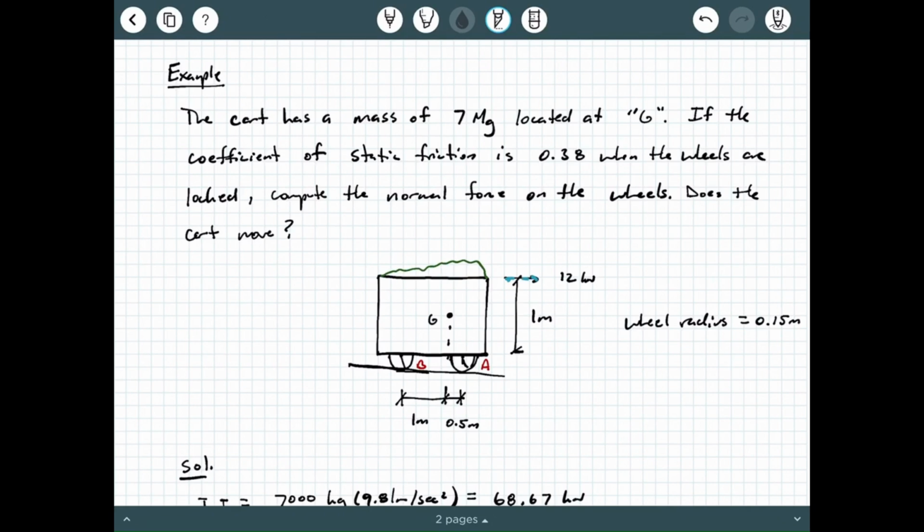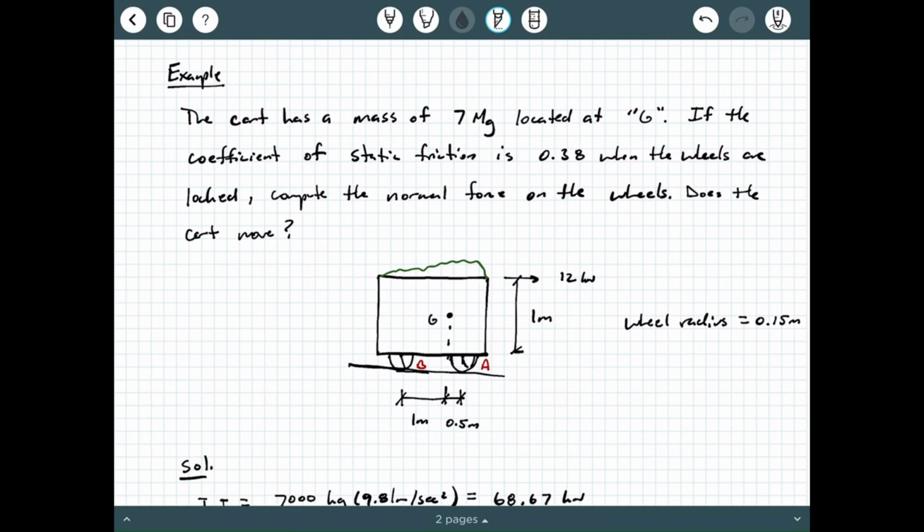We have this cart with some kind of material in it that is being pulled by a 12 kilonewton force that is 1 meter above the base of the cart. Then we have these wheels that it's resting on, and the wheels have a radius of 0.15 meters.